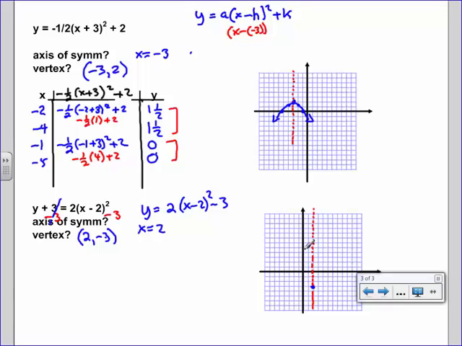So you can pretty much approximate, even before you plug the numbers in, that it's going to go upward and be somewhat narrower. You can go ahead and set up your table, calculate it, and see if indeed that is what you get.